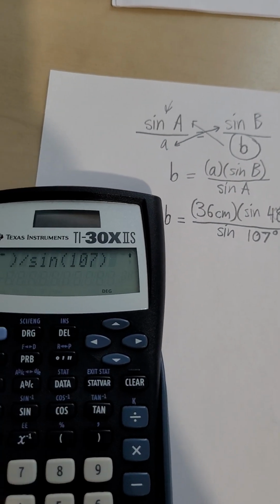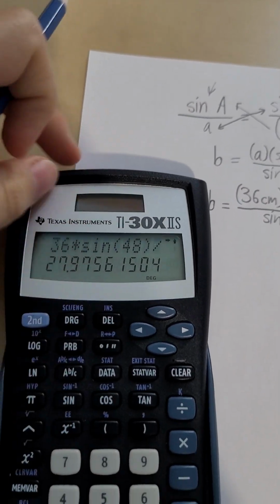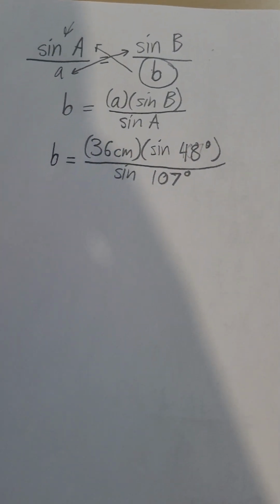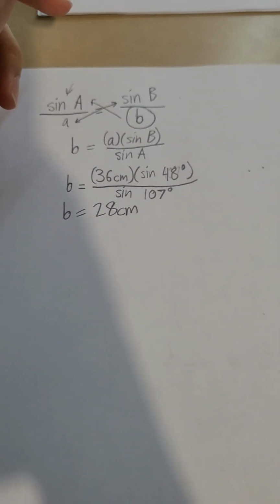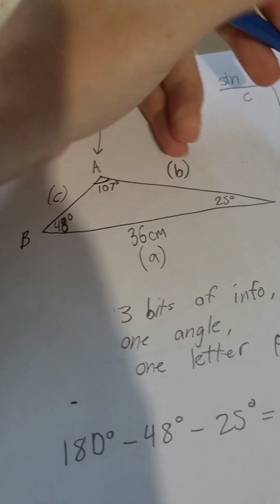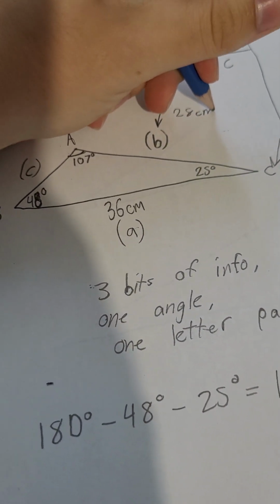The answer that we get is, let's round that to 28 centimeters. Because this is a side length, we'll have B equals 28 centimeters. And so that is the length of B right here, 28 centimeters.